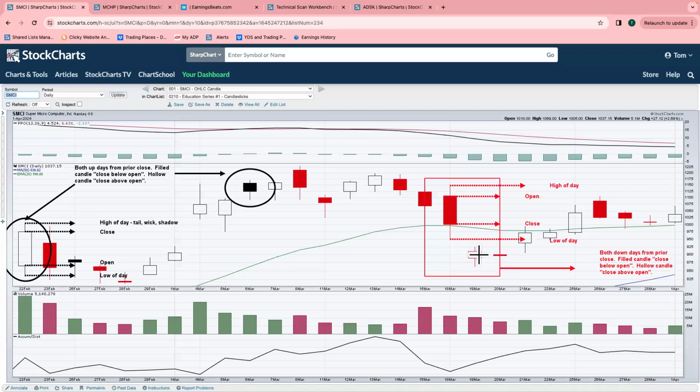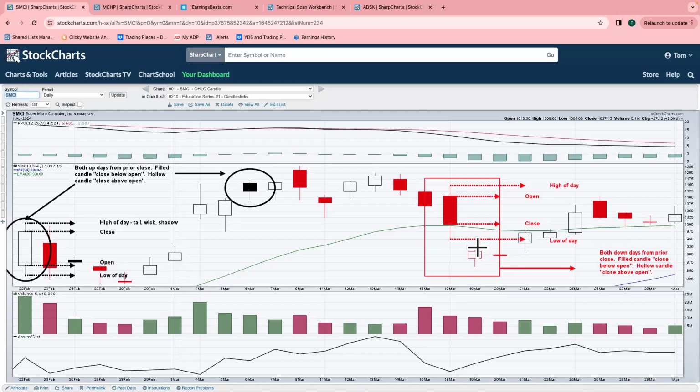So outlined in red, it's still somewhat bullish because you closed above the open, but it's outlined in red because if you were looking at your portfolio and this was the only stock you owned, you would say it was a down day because you lost money. But the candlestick is saying, yeah, but you opened even lower.